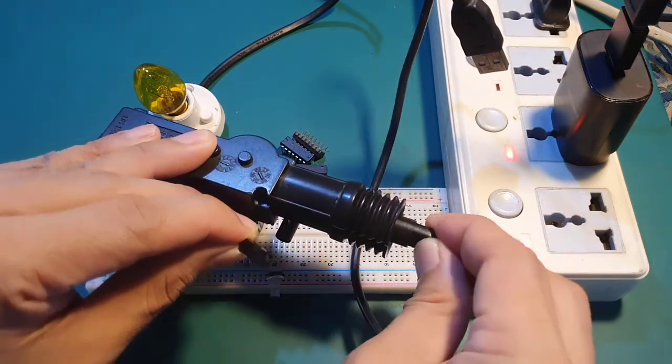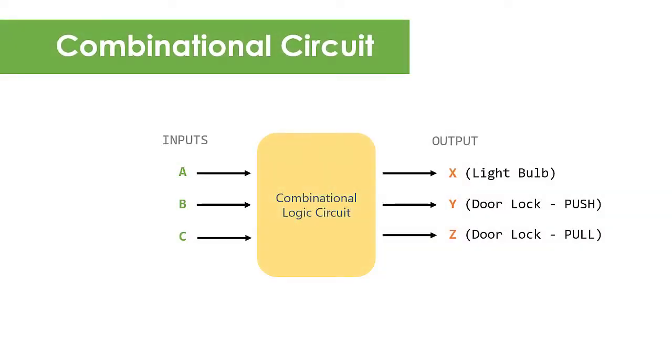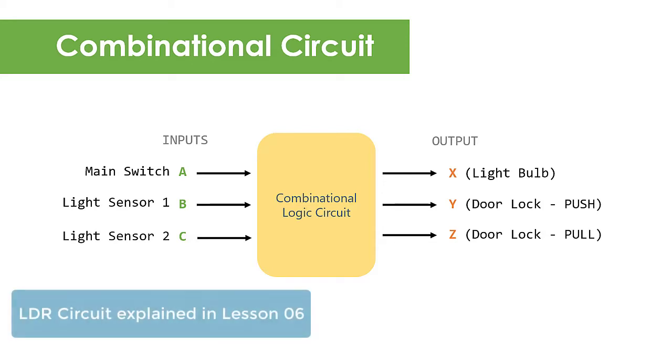To make it more realistic, let us say that the three input signals are as follows. Input A represents the main switch to activate or deactivate the device. Inputs B and C represent the two sensors that are sensitive to varying light intensity. I have a separate discussion for this light-dependent resistor circuit explained in detail in Lesson 6 of this course.